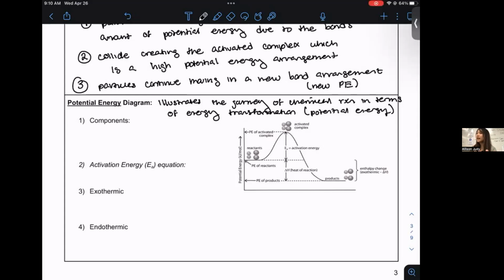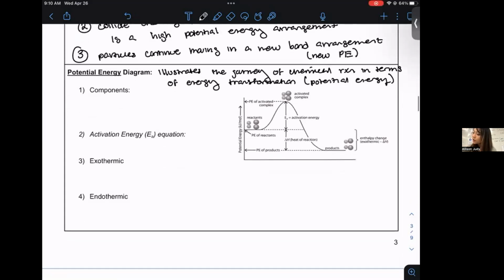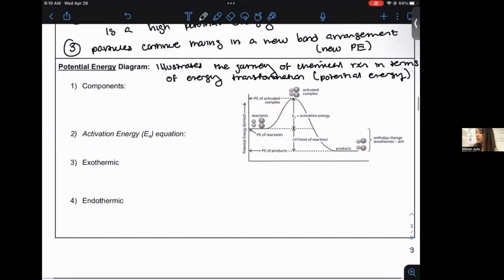So we isolate it. The components for a potential energy diagram that we're going to focus on are the potential energy of the reactants, the potential energy due to the particular bond arrangement of your reactant molecules. Your activation energy is another one that we're going to really focus on.